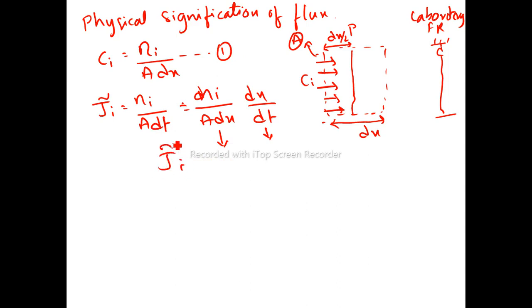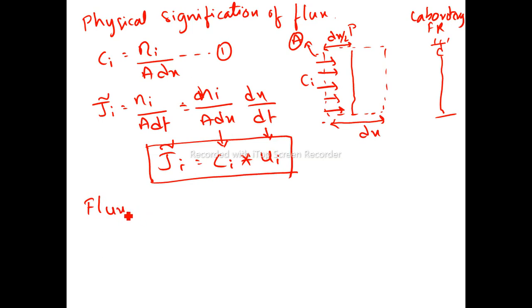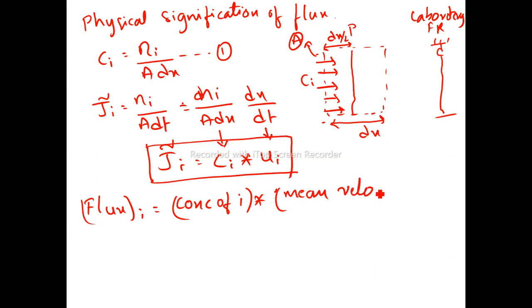Then Ji tilde equals Ci into Ui. That means flux of I is equal to concentration of I into the mean velocity of the I component.